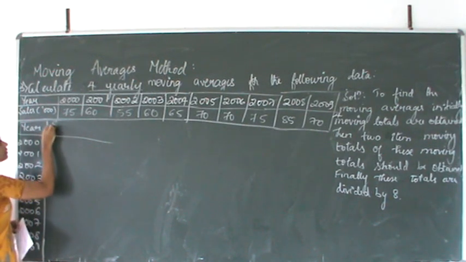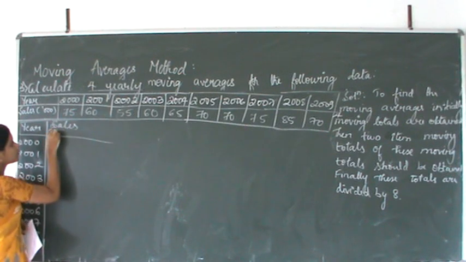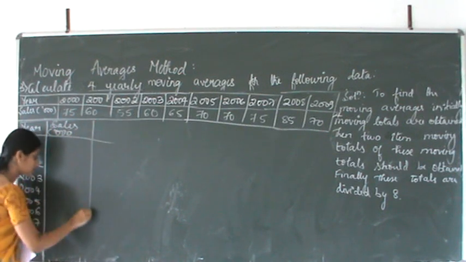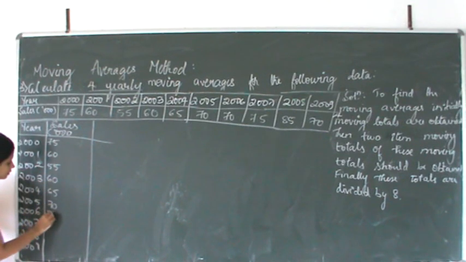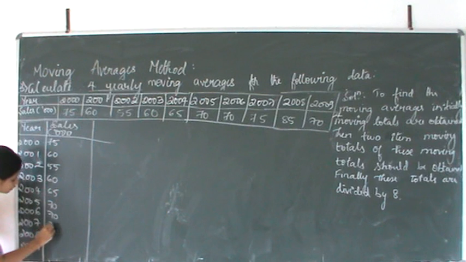Next, sales in thousand. The sales in thousand values are 75, next 60, 55, 60, 65, 70, 70, 75, 85 and lastly 70.